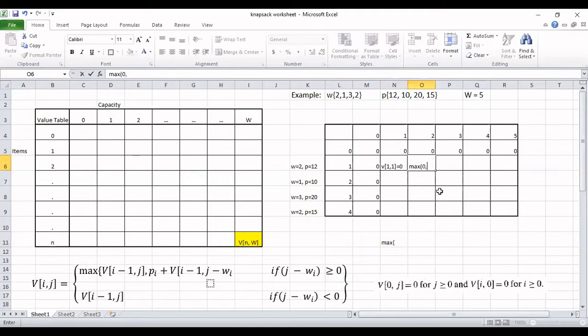With considering the item, we add Pi, the price of the ith item, which is 12, plus V of i minus 1, j minus Wi, that is the previous row. J is 2, Wi is 2, so 2 minus 2 is 0. So we look for this cell value, which is 0.